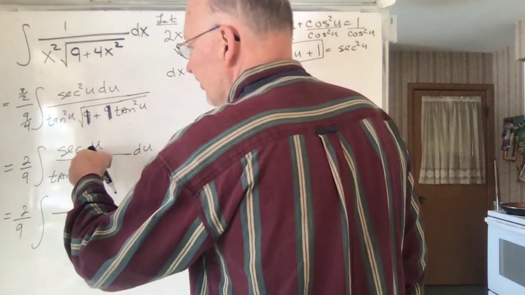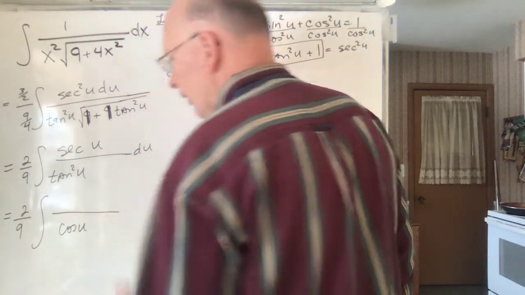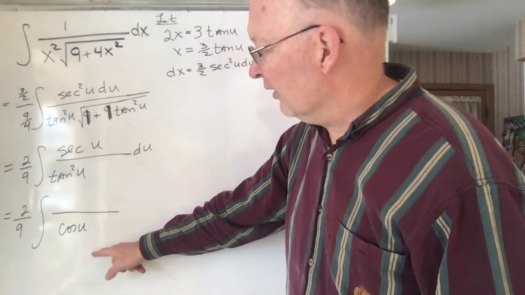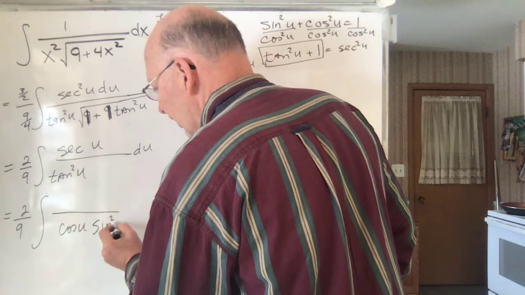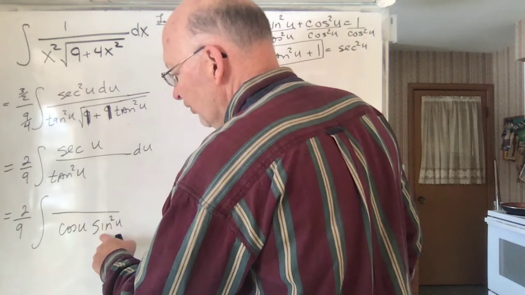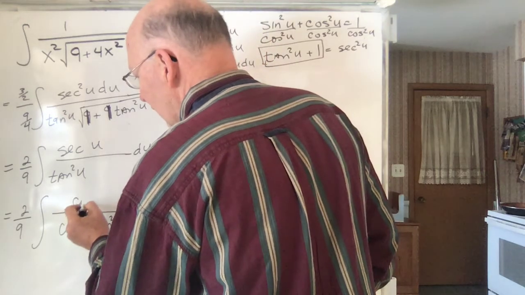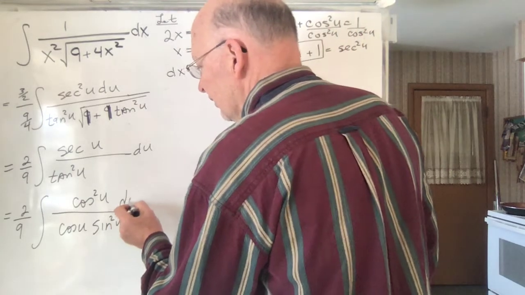So first of all, secant is 1 over cosine. So I'm going to get a 1 over cosine u there. Tangent squared is sine squared over cosine squared, right? So the sine squared stays down here. Here's your sine squared divided by cosine squared. So divided by the cosine squared, that's going to flip up on top. So you have that right there. du.